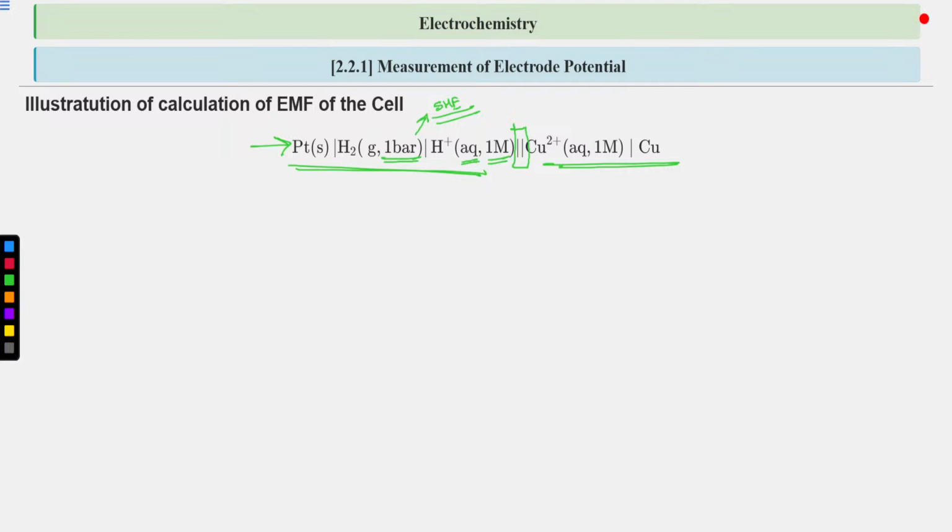Now, here in the right half cell we have copper half cell, which is Cu2 plus in the aqueous state and at 1 molar concentration, and it is converting to copper. Okay, so this is the cell representation, the overall. Okay, don't remember, this is the overall cell representation, as it is containing the anode cell reaction and the cathode cell reaction both.